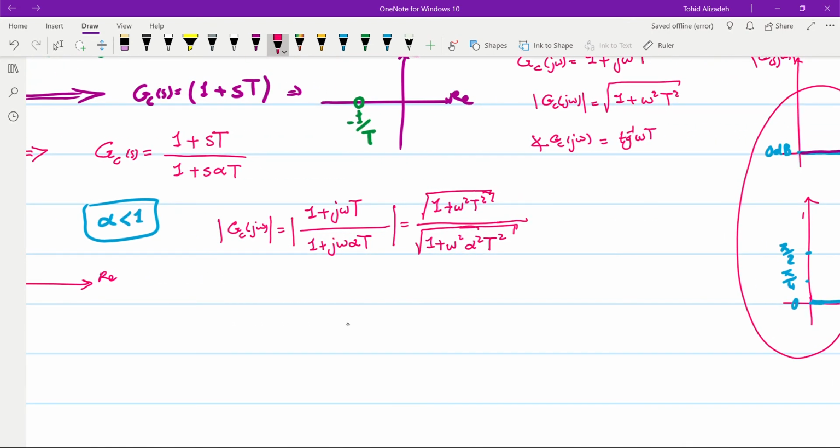And we can see that for omega approaching 0, we will have amplitude of GC j omega equal to 1 or 0 dB.